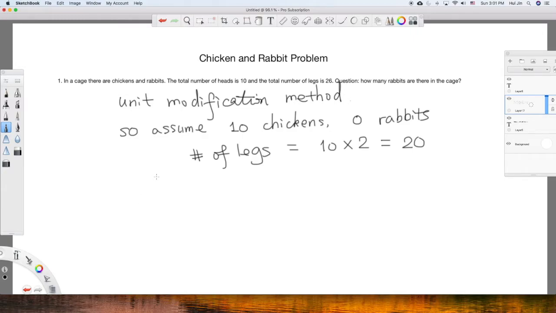Let's just take one chicken and replace it by one rabbit. What does that mean? We take out the chicken and put in a rabbit. So what's the change on the number of legs?